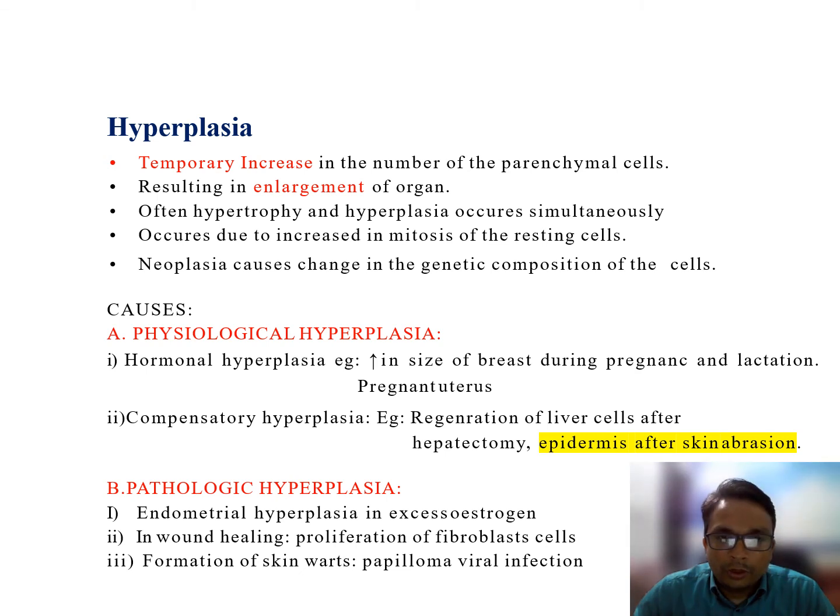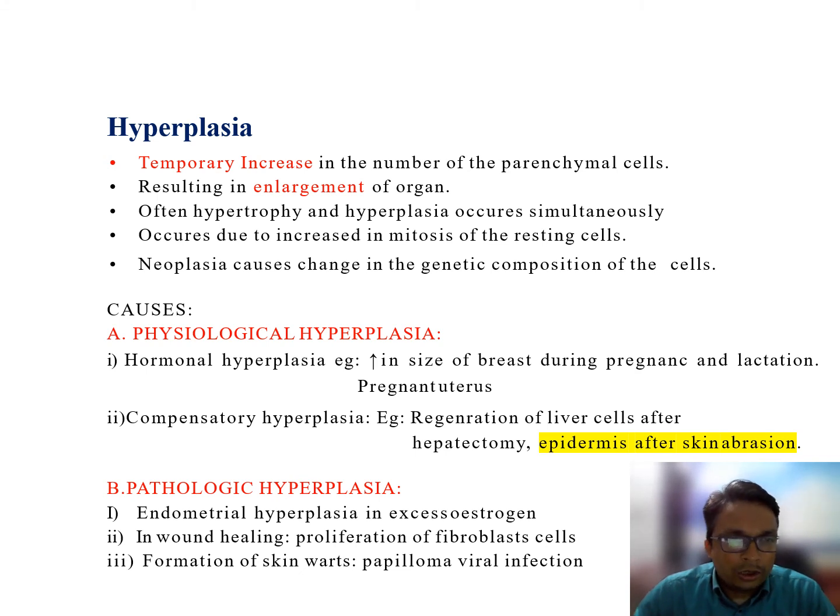That's why you will observe regeneration of liver cells after hepatectomy, which we even perform in the induction of disease in rats also. You will observe an increase in the regeneration of liver cells. It is a very good example of physiological hyperplasia.